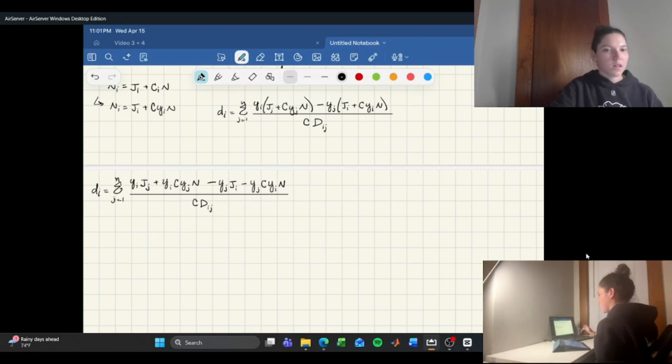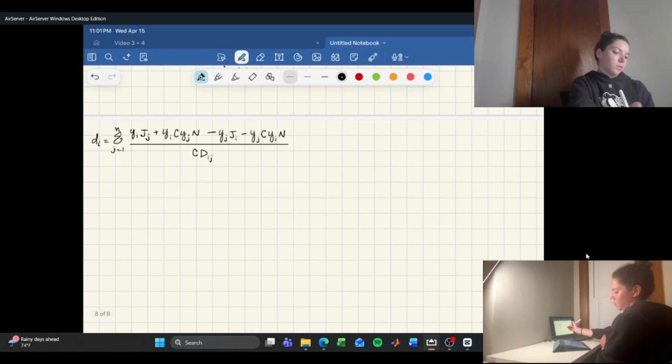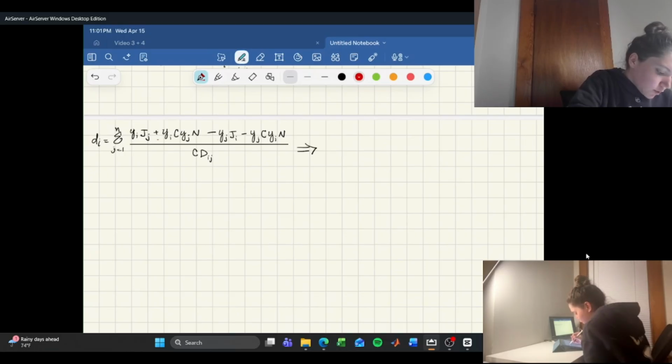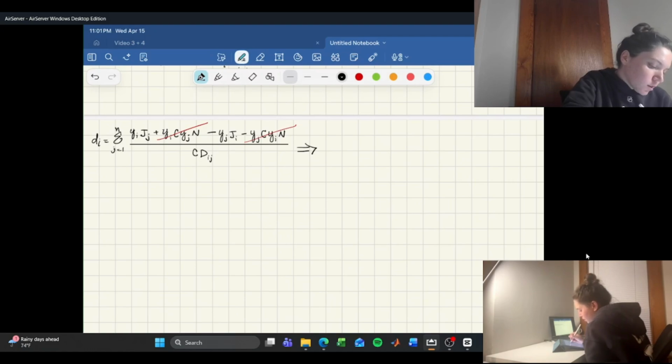Okay. And then once again, we can simplify this. So this term and this term is the same. So you have the driving force equal to the summation.